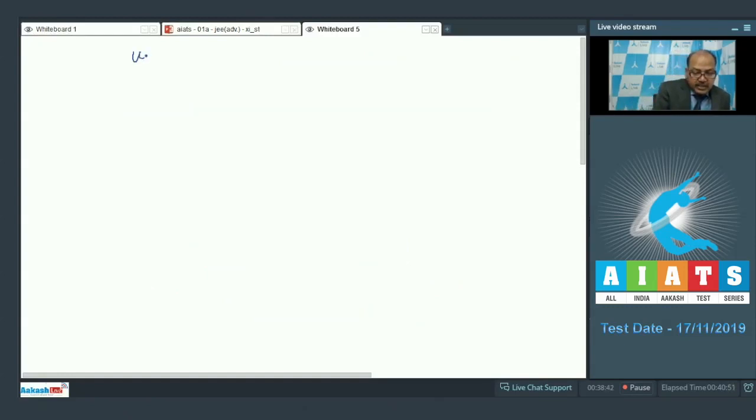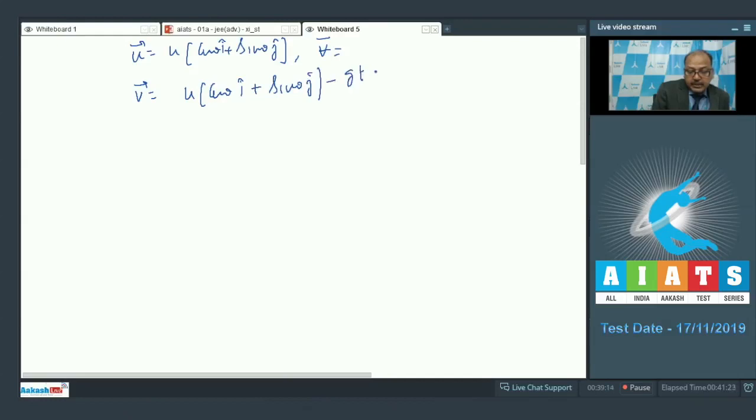that we write initial velocity as u into cos theta I cap plus sine theta j cap, and velocity v at that time is u cos theta I cap plus sine theta j cap minus gt j cap. Now since v is perpendicular to u, so u dot v is 0, which gives us, if I take the dot product of these two, what do we get?